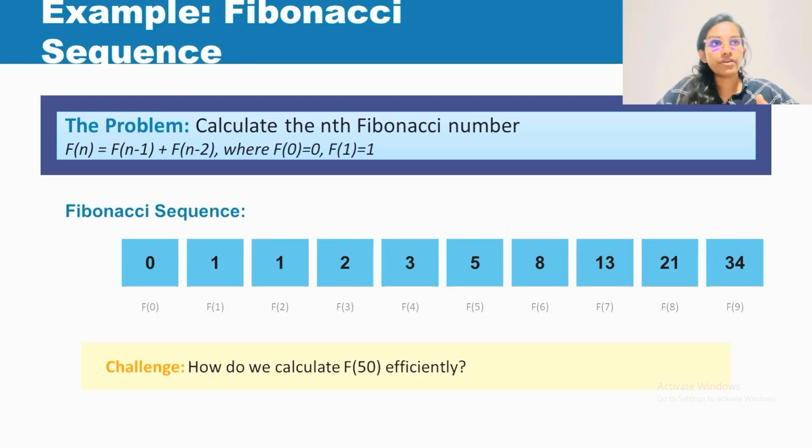Mathematically, f(n) = f(n-1) + f(n-2), with base cases f(0) = 0 and f(1) = 1. This seems straightforward. But here's the challenge. What if I ask you to calculate the fifth Fibonacci number? The naive approach leads to a computational nightmare, while dynamic programming makes it trivial.